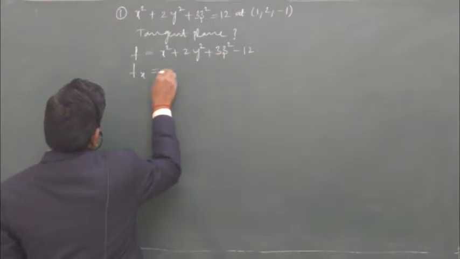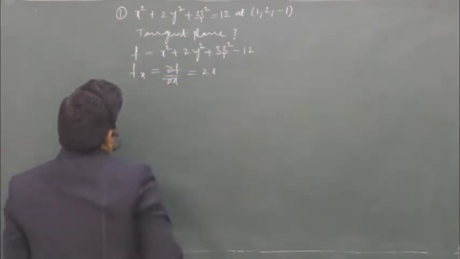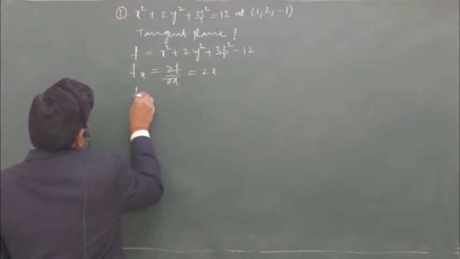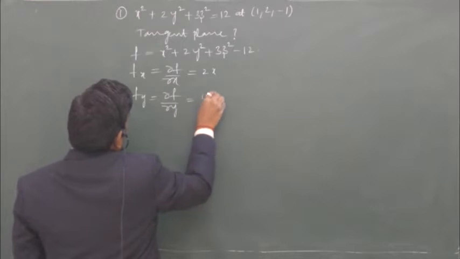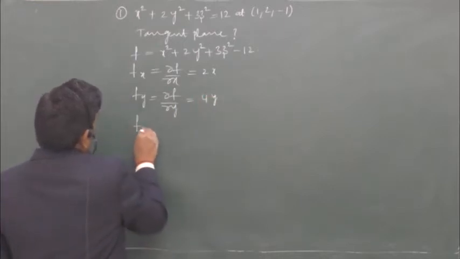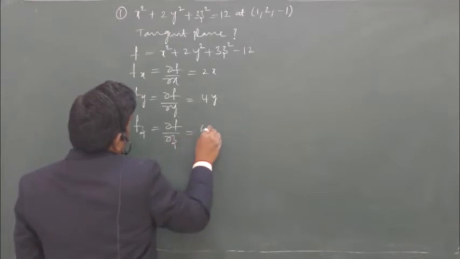So fx, it is dou f by dou x. This is 2x. Now fy, it is dou f by dou y. It is 4y. Then fz, it is dou f by dou z. It is 6z.